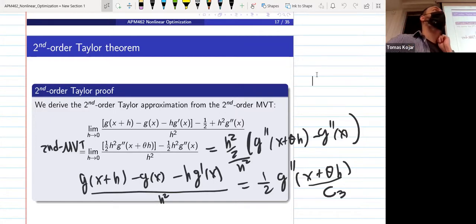And I will upload this. We will do second order tests, second order derivative tests. I will maybe mention, I don't know what you've seen, classification of critical points, regular, non-degenerate.